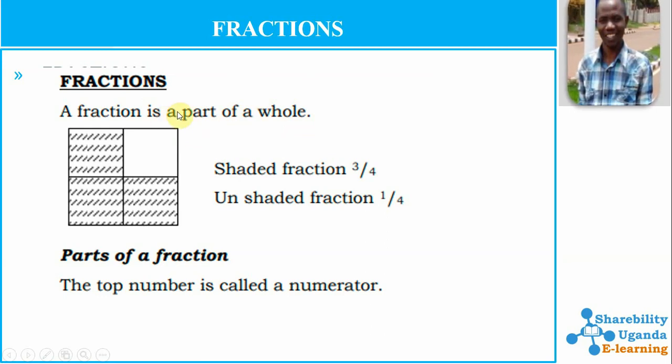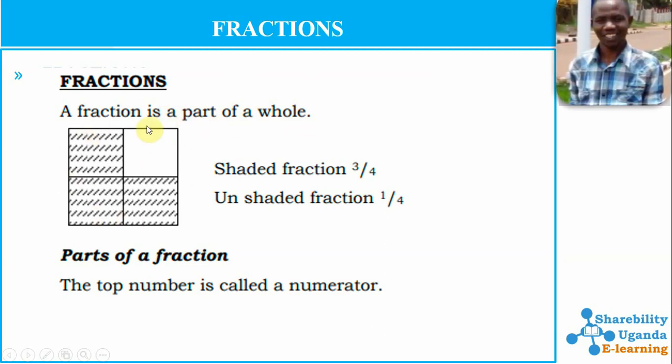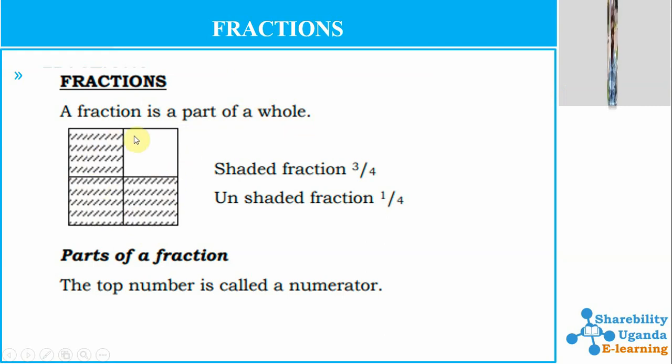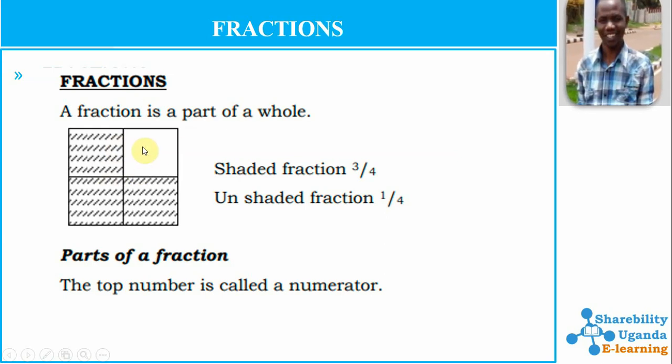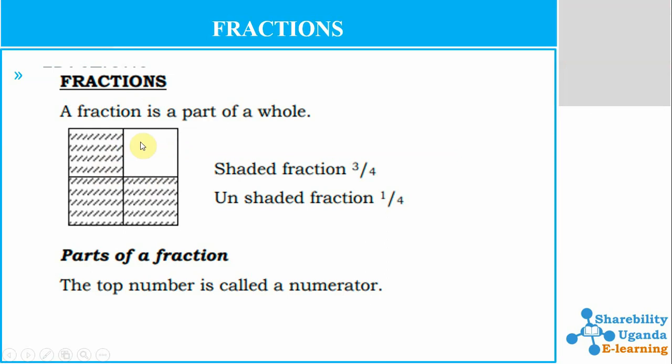Okay. So as you can see here, we are trying to demonstrate and show you how you can clearly identify what these fractions are. For example, here we have our square, which is a whole. We can call it 1. We have our one square, but in this shape of ours, we are dividing it into more parts.